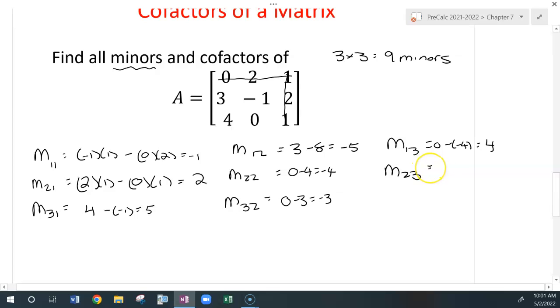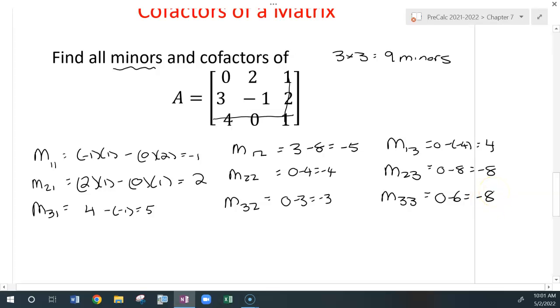M2, 3. Second row, third column. 0 minus 8 equals negative 8. And then M3, 3. Third row, third column. I get a 0 minus 6.